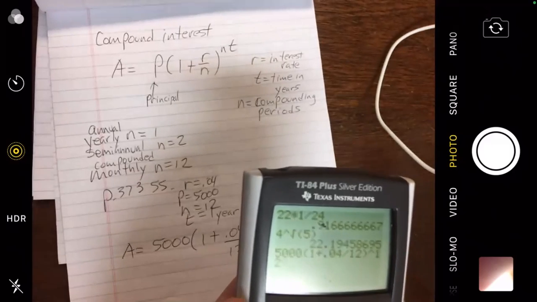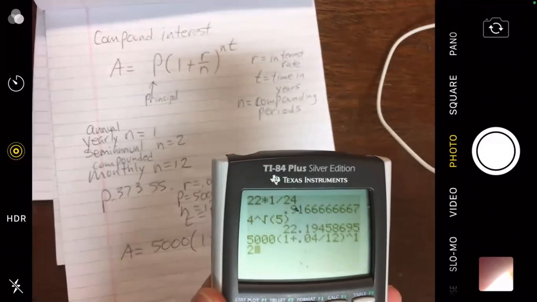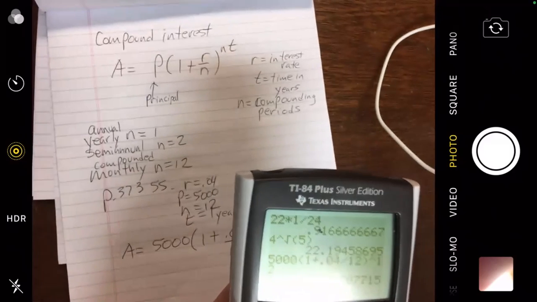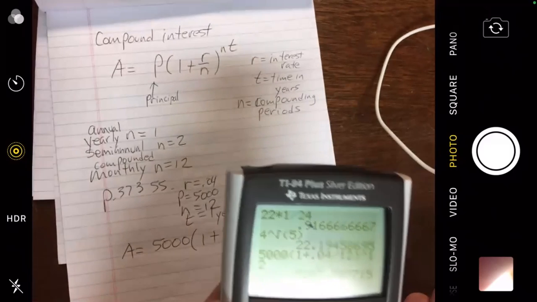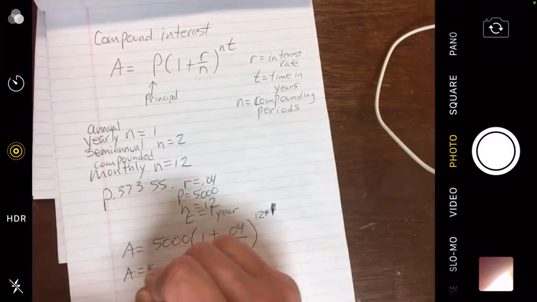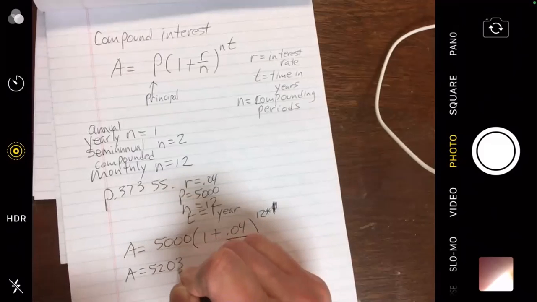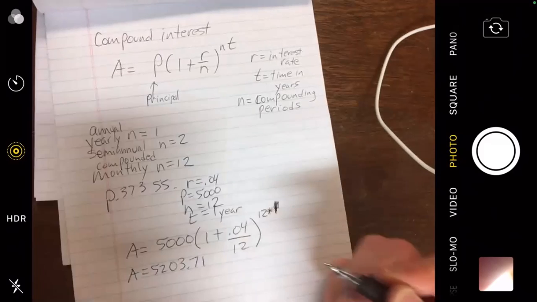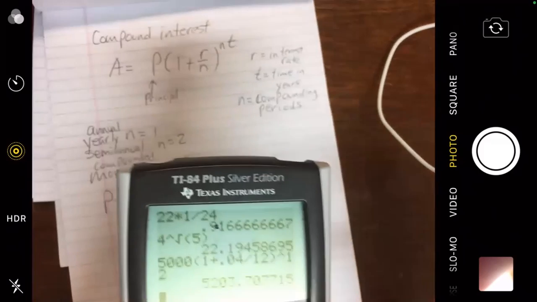Now I don't have to show the times 1. I can just hit enter, and 5,000 has grown to $5,203.07, I call it. Y'all know about your editing.